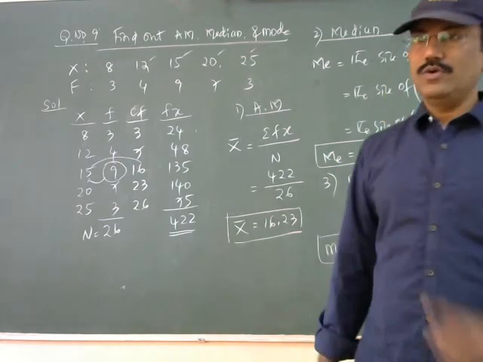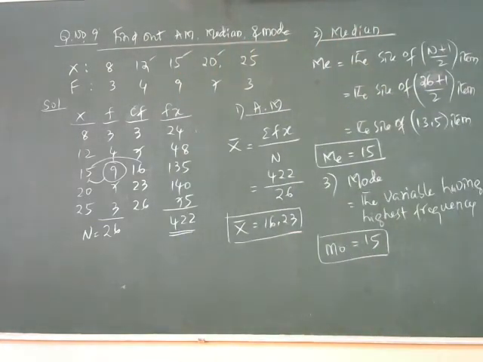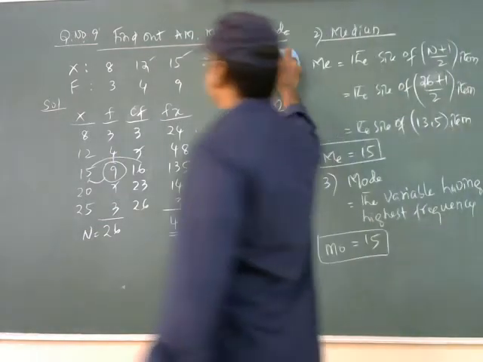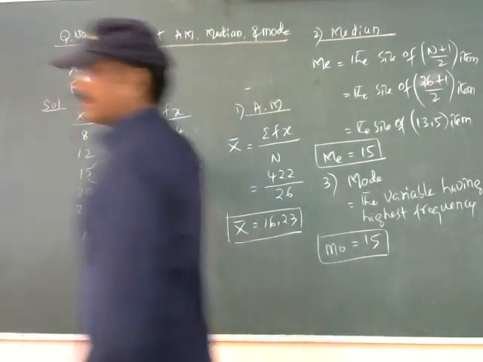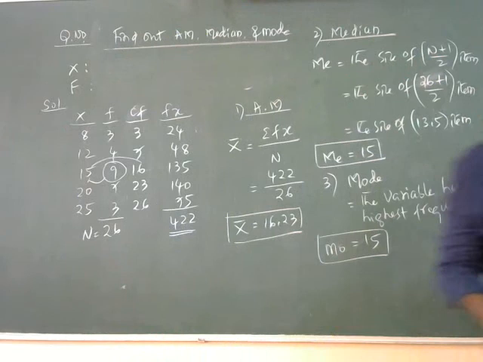Now I will assign you one question, that you have to copy and send the answer to me. Question number 10 to all of you. Remember that I am assigning you question number 10.